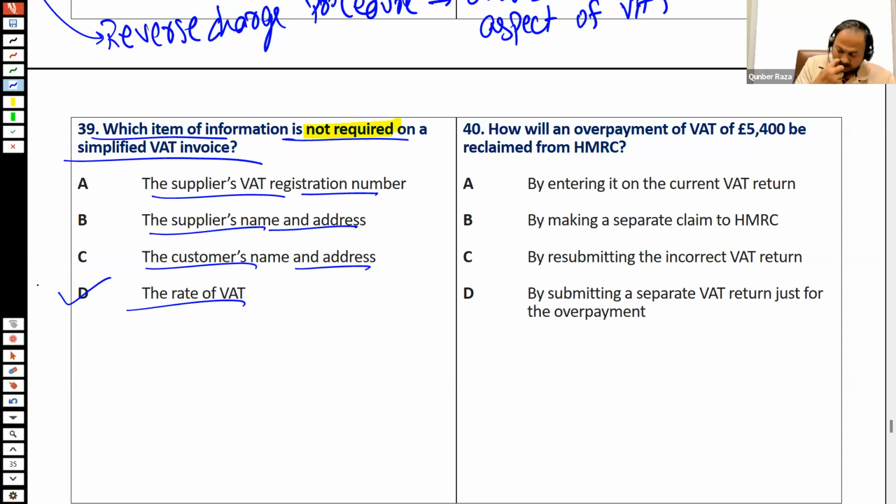Yeah, that's correct, Dua. So the customer name and address is not required under a simplified VAT invoice. But if it's a detailed or a normal VAT invoice, by the way, what's the definition of a simplified VAT invoice?